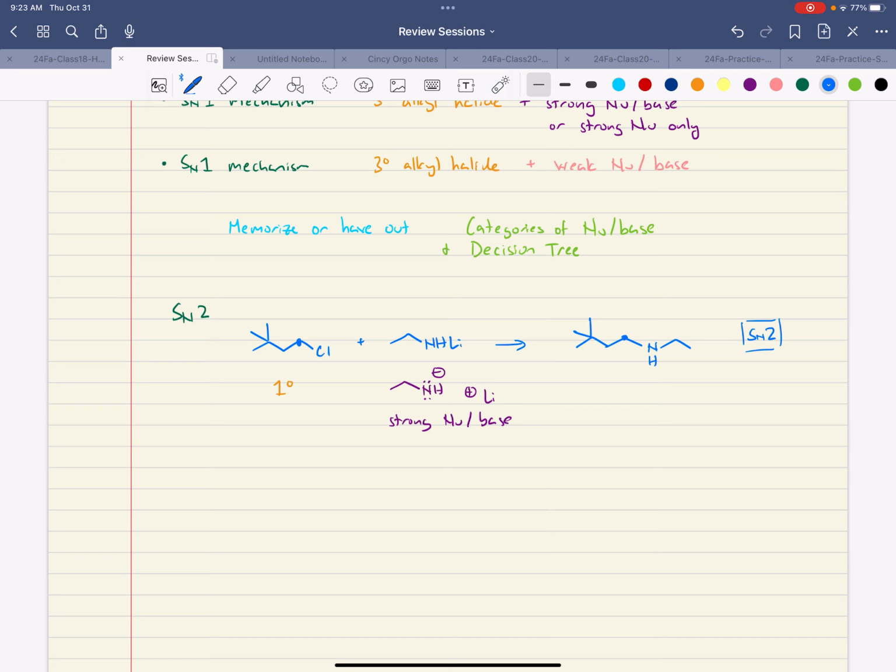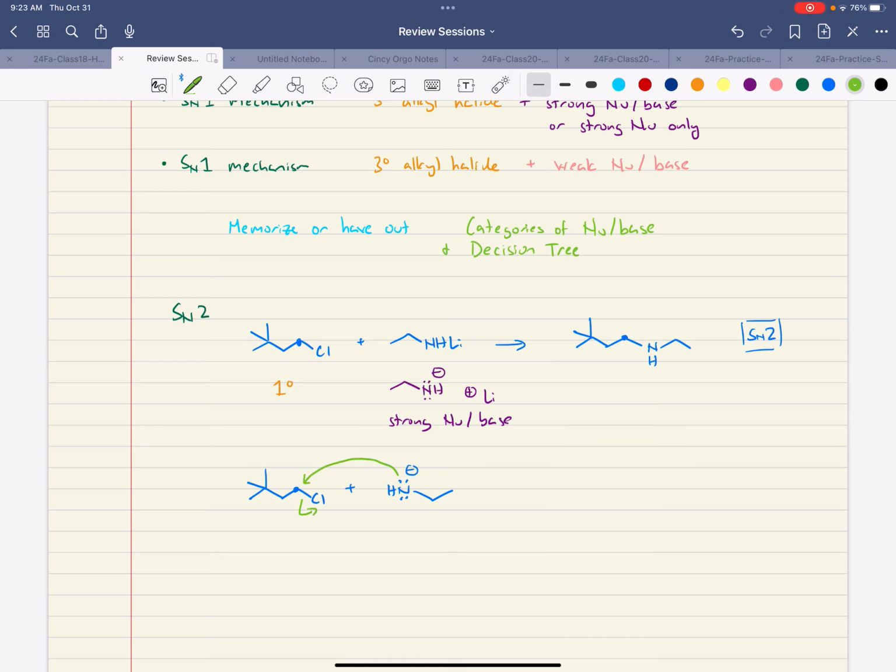Let's take a look at the mechanism. SN2, direct attack, meaning there's no waiting for a carbocation to be formed. The nucleophile is strong. The alkyl halide is uncrowded. Therefore, it makes sense that you would have an SN2 reaction.